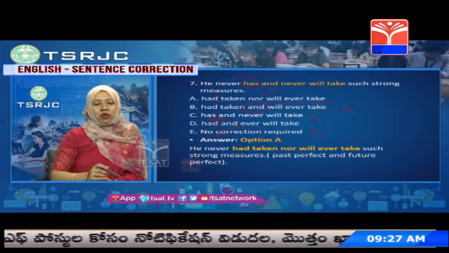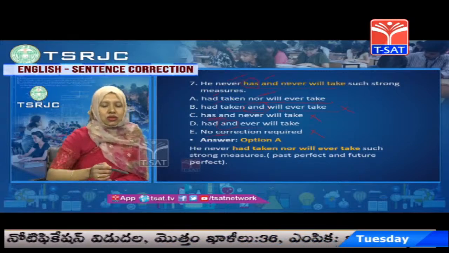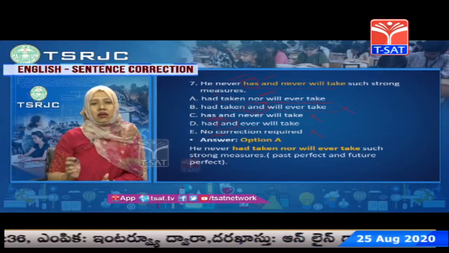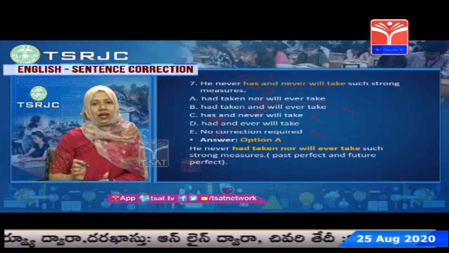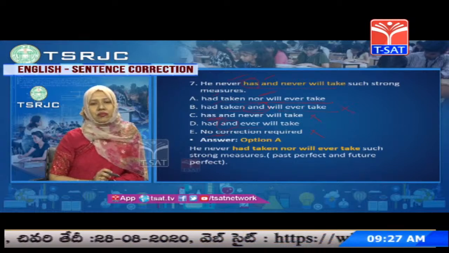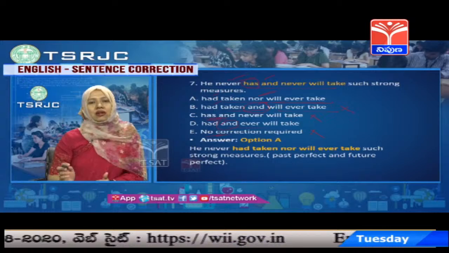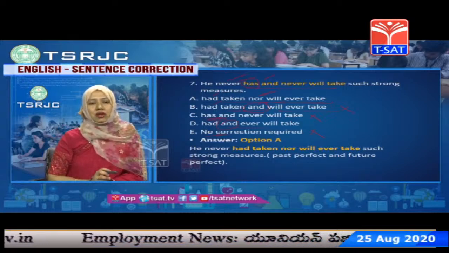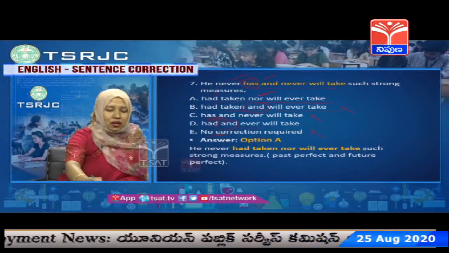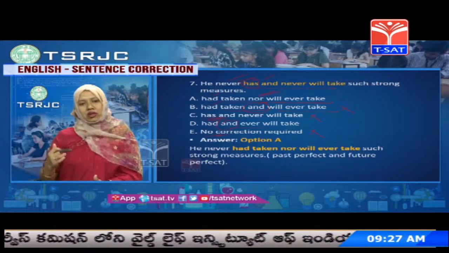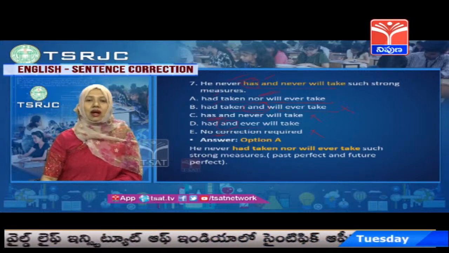Because never is there, you should use nor. He had never taken, nor will he ever take such strong measures. Because never is there, it should be nor. So in this way, if you go on eliminating the options, you will get the correct answer.